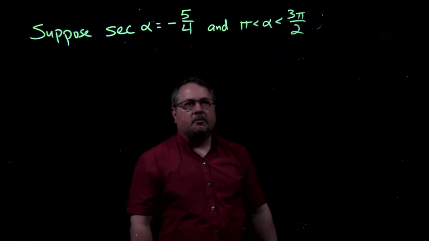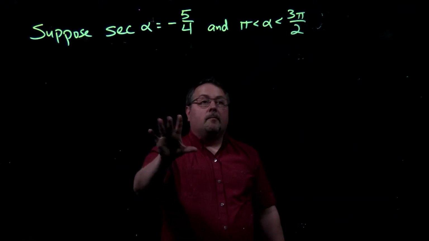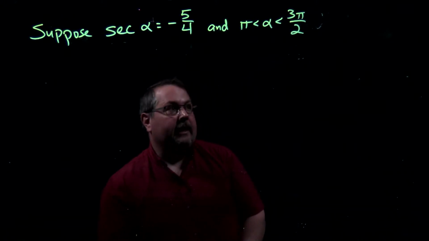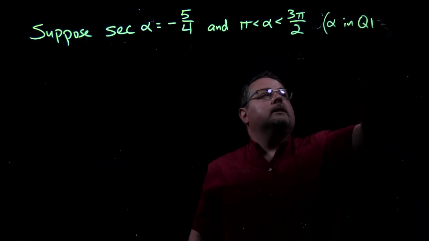And alpha is between pi and 3 pi over 2. So we could write the problem this way, or equivalently, I could say that alpha is in the third quadrant.